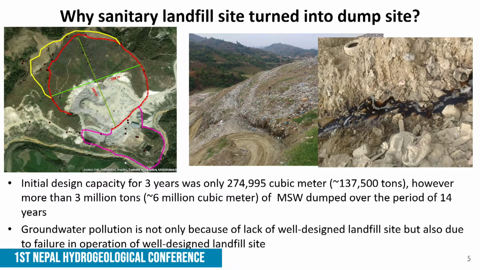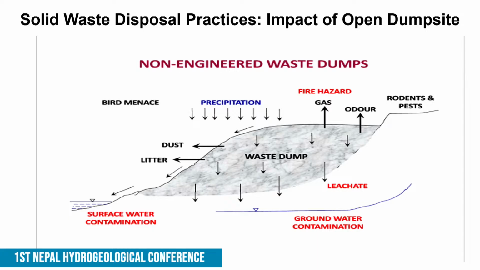But finally, we disposed more than 3 million tons of waste there over the last 15 years, and this good sanitary landfill site was converted to a dump site and became one of the major groundwater polluters.